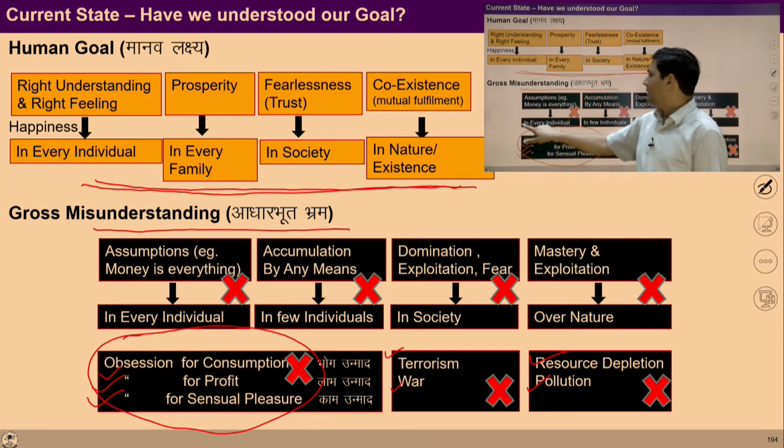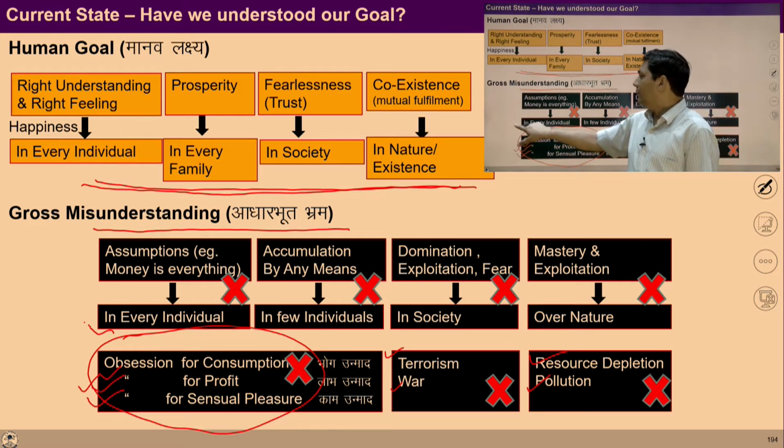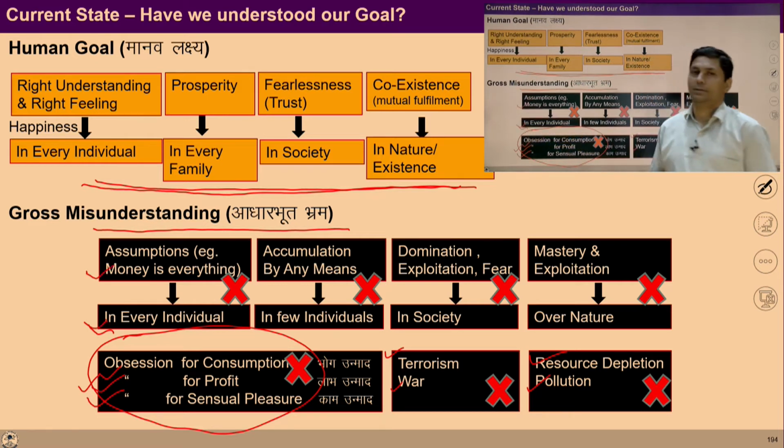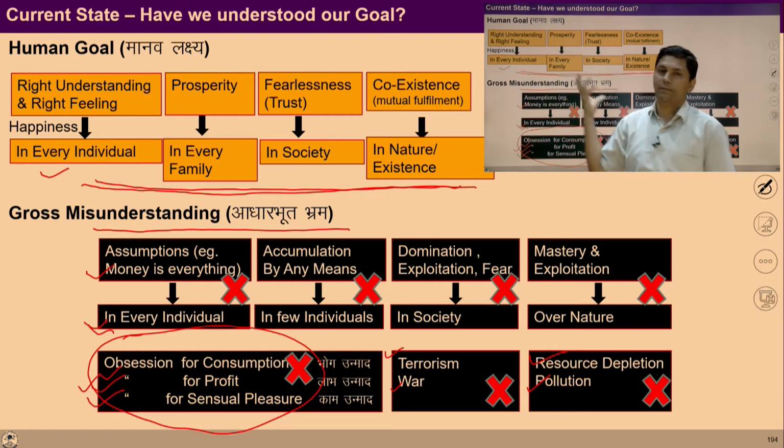Why is there a problem at the level of individual, the problem of obsession with consumption, profit, sensual pleasure? Because in every individual there is an assumption that money is everything. So in terms of solution, what should be ensured in every individual?